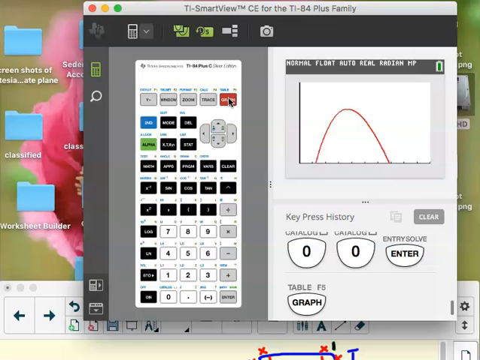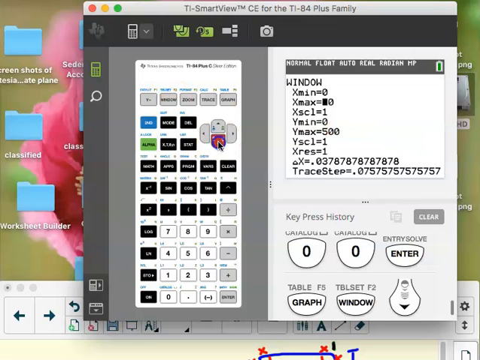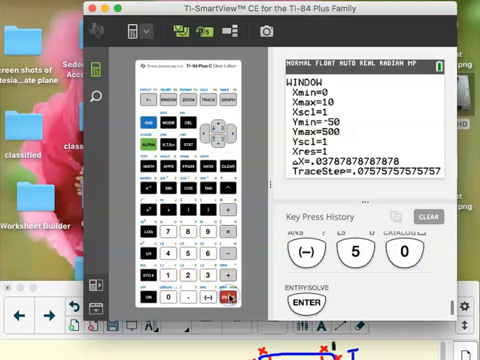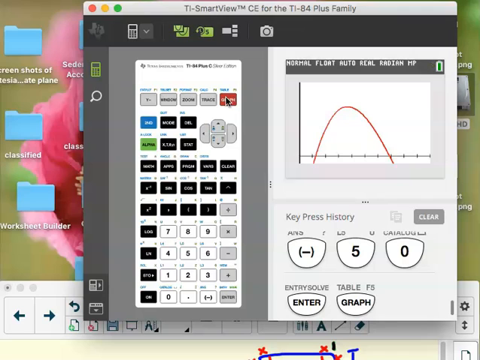Now, to let Blinky find those for us, I'm going to go ahead and put a few negatives in for Y. That way I can see above and below it. You might even want to go higher than that. Because what we have to do now is let Blinky tell us where those two solutions would be. And then it'll be up to the people that are ordering the box.